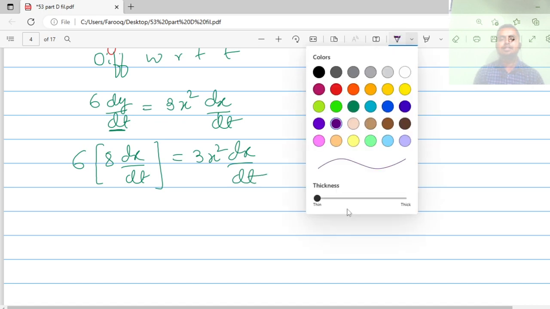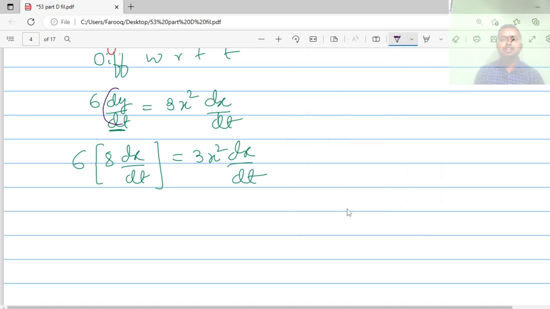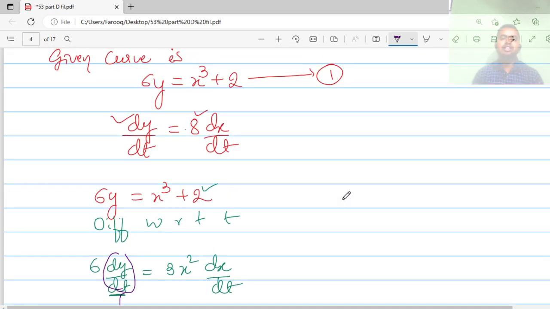Observe here, dy/dt is replaced by this value, because dy/dt is 8 times dx/dt.